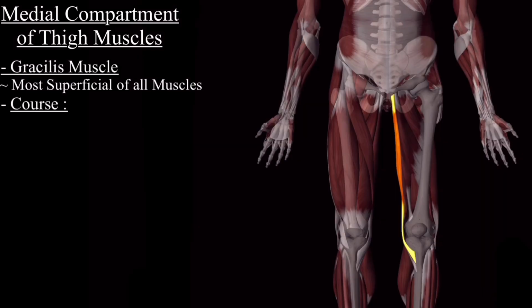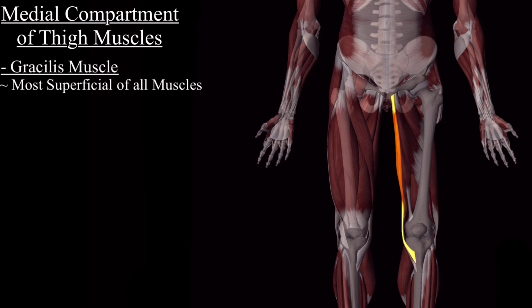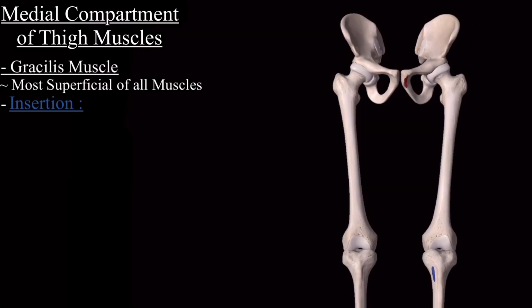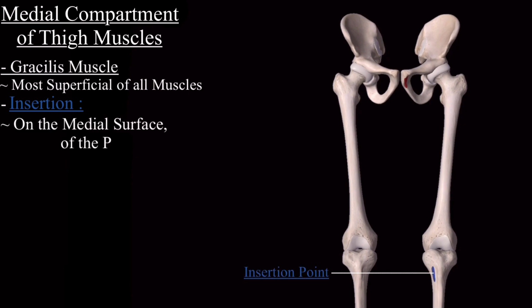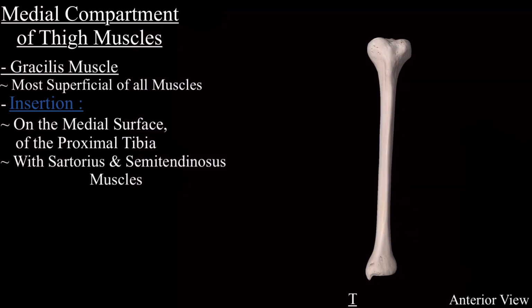After origination, it descends vertically down the medial compartment of the thigh. Next is the insertion of gracilis muscle. It is inserted on the medial surface of the proximal tibia with the sartorius and semitendinosus muscle. This is isolated tibia bone with the interior view.